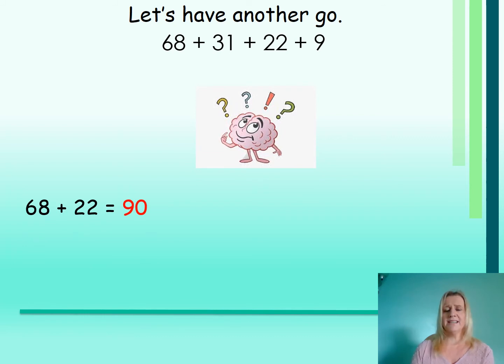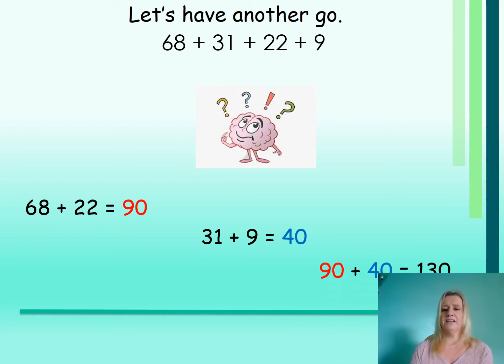By putting 68 with 22, I get to the answer of 90, a multiple of 10, because I know that 8 plus 2 makes 10. 31 add on 9 gives me 40. 1 and 9 gives me 10.